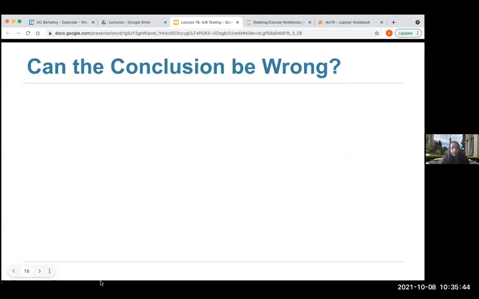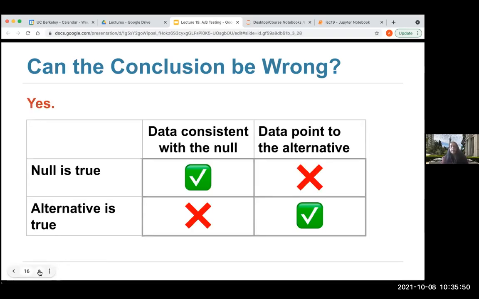And now here you have 4 ways the world can be. Either the null is true or the alternative is true. Those are 2 ways the world can be. And your test is either going to conclude consistent with the null or reject the null, pointing towards the alternative.